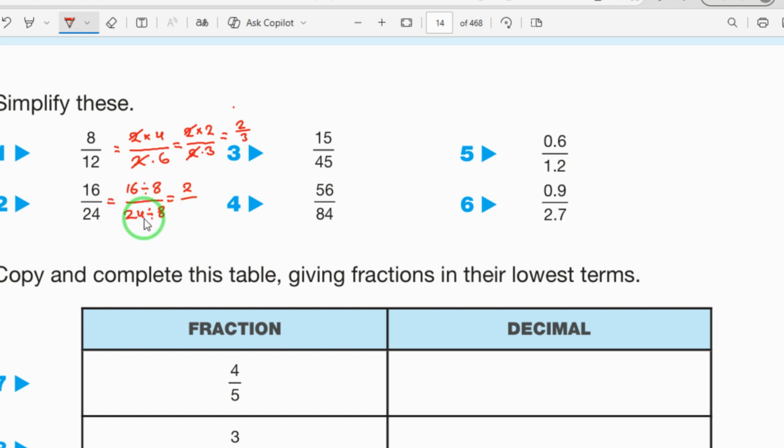And 24 divided by 8 gives us 3, it means 3 times 8 is 24. So this is the final answer. You can use both methods, but I think the second method is easy.